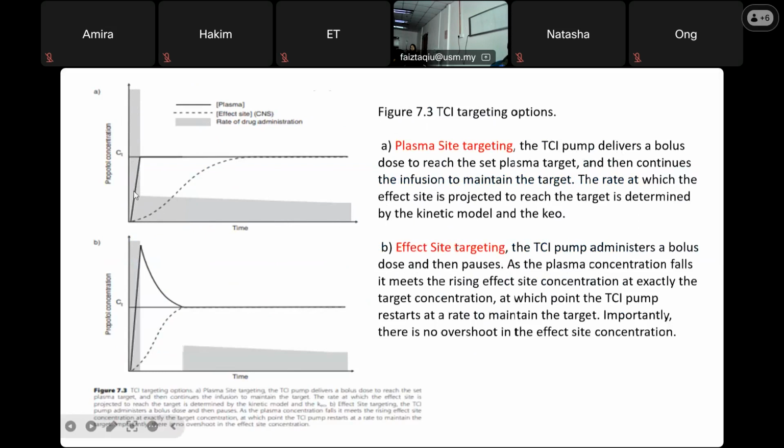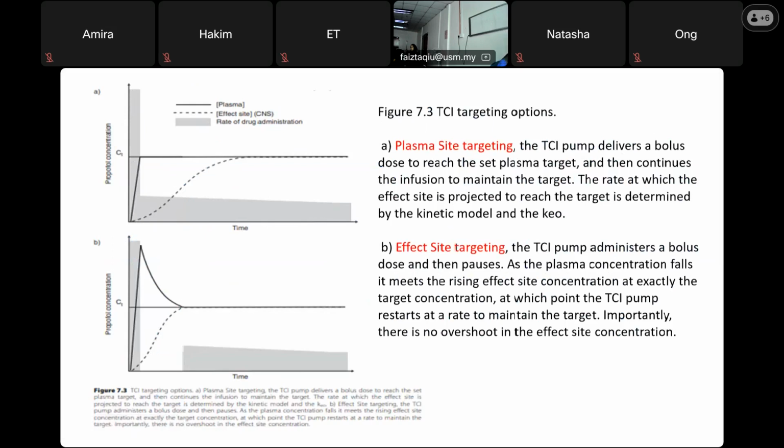Once the bolus is given, the plasma concentration increases, and the drug goes to the effect site, and the infusion maintains this steady state target concentration. So how do you explain the relationship between the plasma concentration and the effect site concentration of that line?